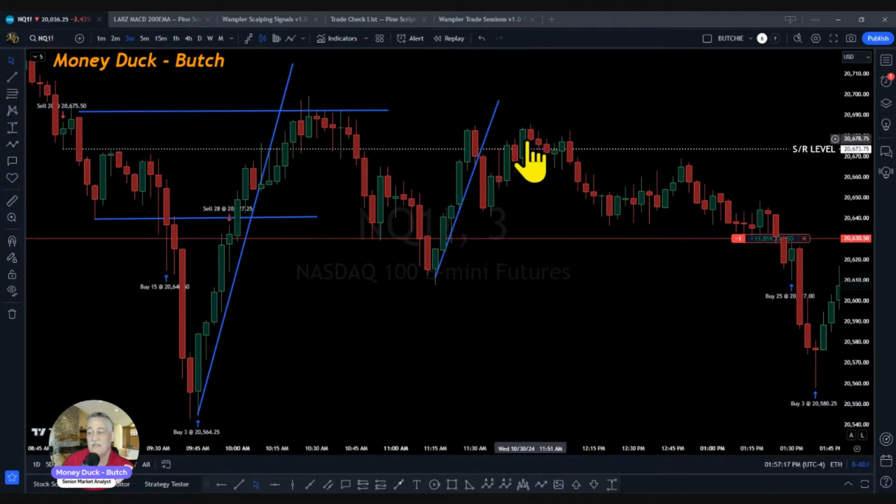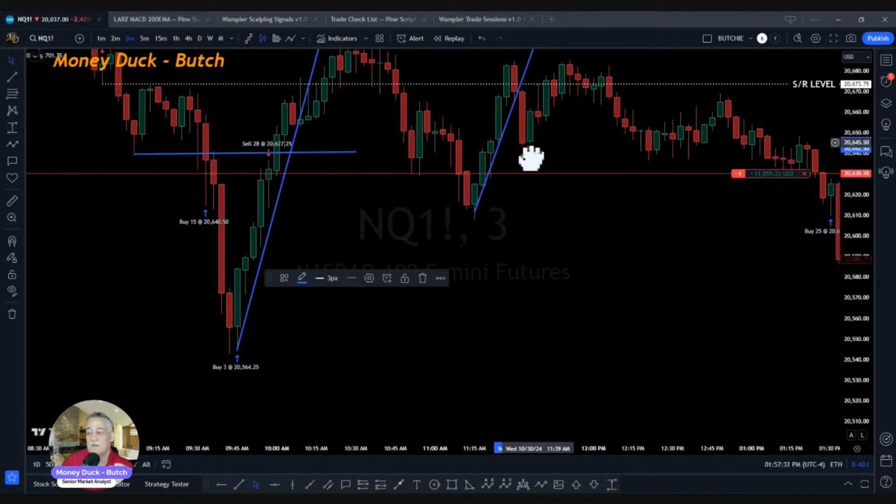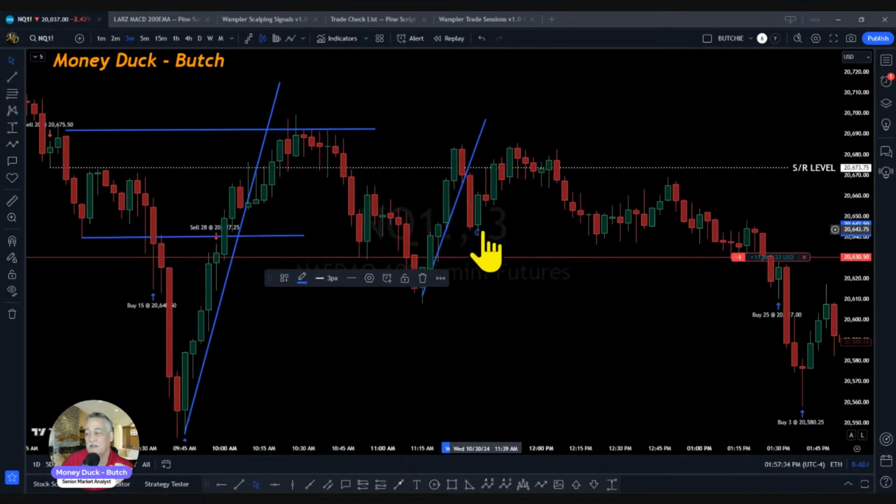Okay, and then it turns at resistance. You're going to get in on one of those candles. And if you even drew a retracement line here, there's several chances to get back in. So there's several to get back in.